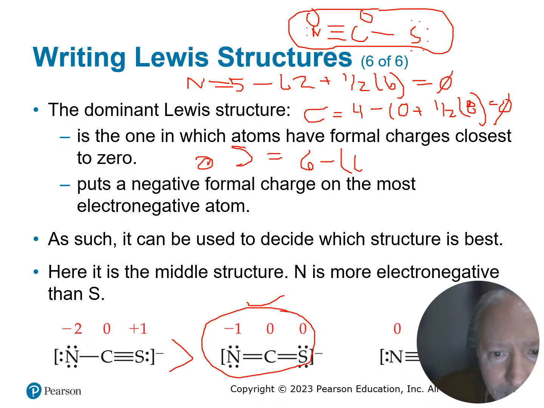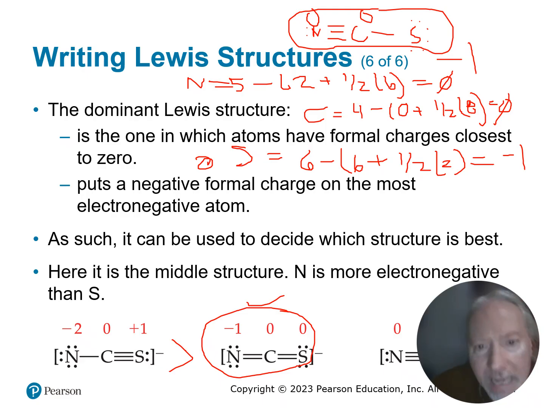It has 6 electrons that belong completely to it, but we have to add the bonded electrons. The bonded electrons that we have available are just 2 with carbon. So we have 6 plus 1/2 times 2, which is 1. So it's 6 minus 7. And so we have a -1 on sulfur.